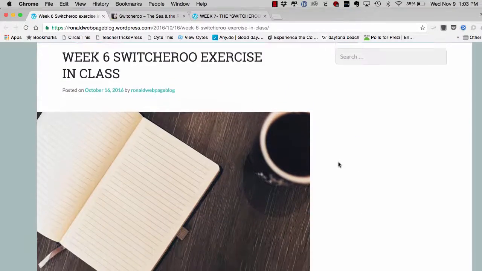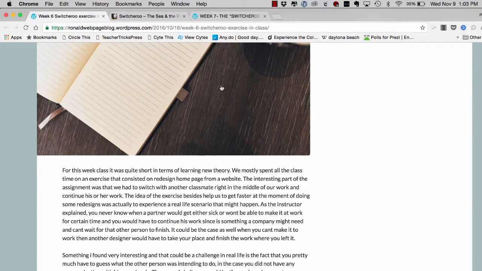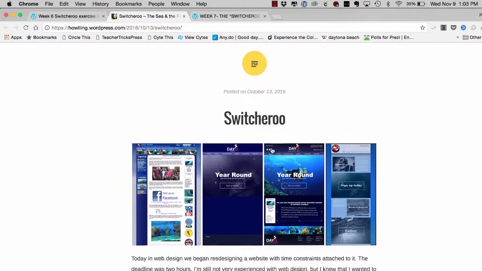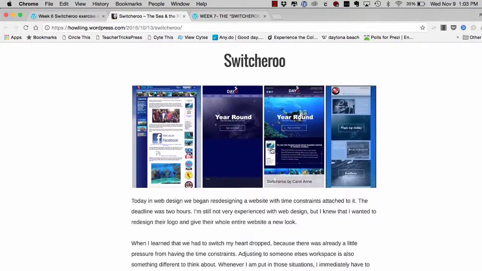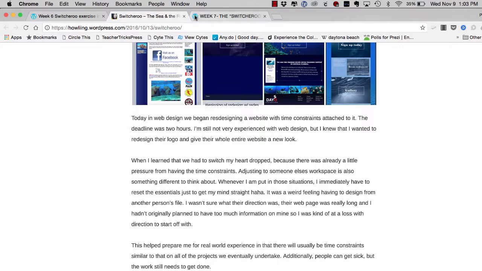This sounds like a really neat experience for the students, but how are you assessing it? So there isn't a lot of nitpicky grading with this one. It's really graded based off of them sharing their learning experiences. They keep a blog where they post reflections of what they're doing in the class each week. So they're expected to show screenshots of what they finished with midway through before they switched, and then what they finished with at the end of the Switcheroo assignment.